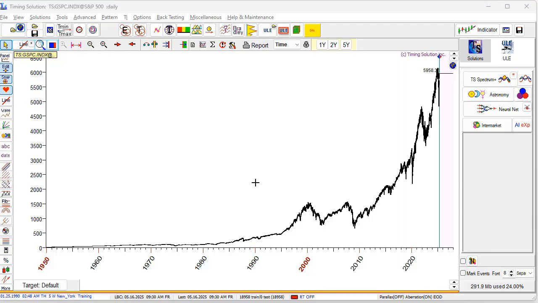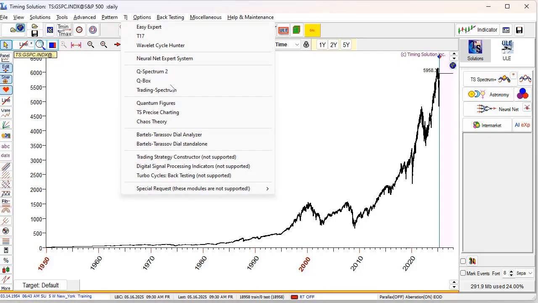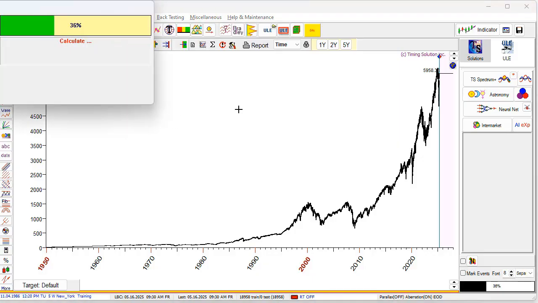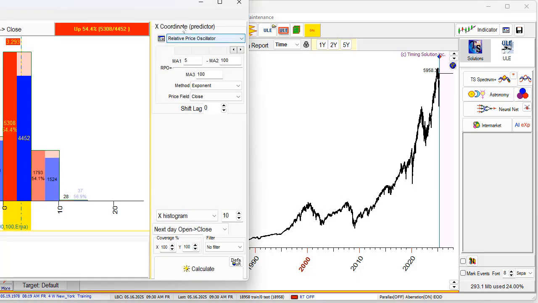To get some idea about the fractal nature of the analyzed dataset, we can apply a special model from chaos theory. It's R/S analysis. Okay, it's calculating now. And now there is the modified Hurst exponent.